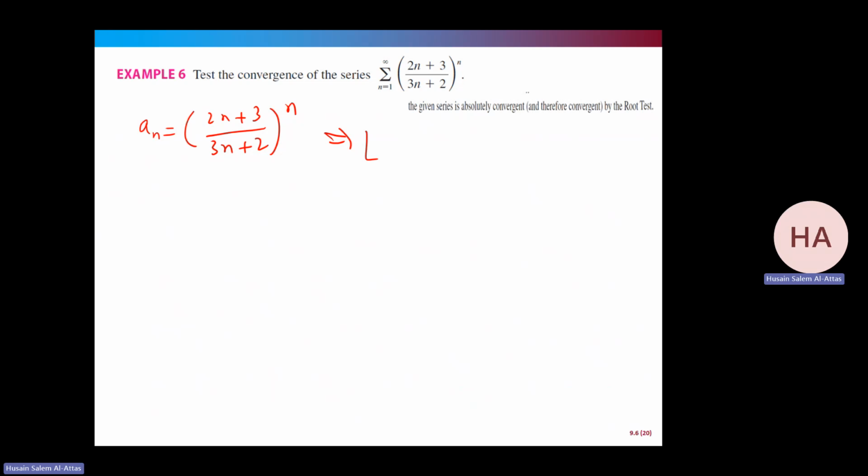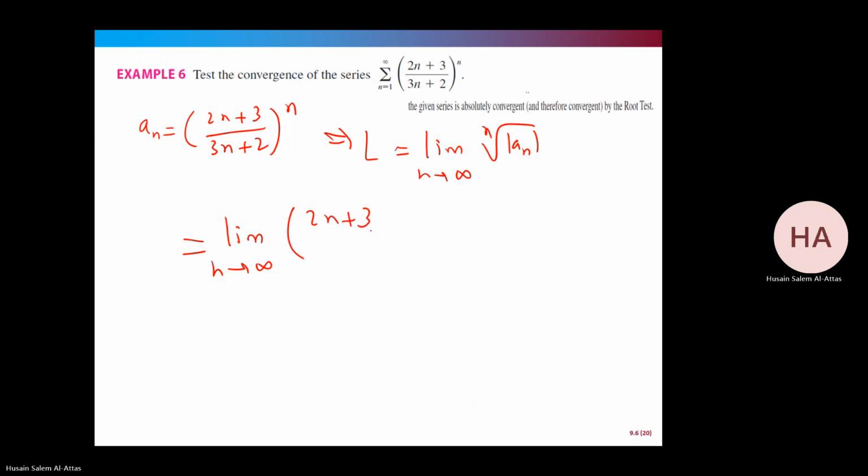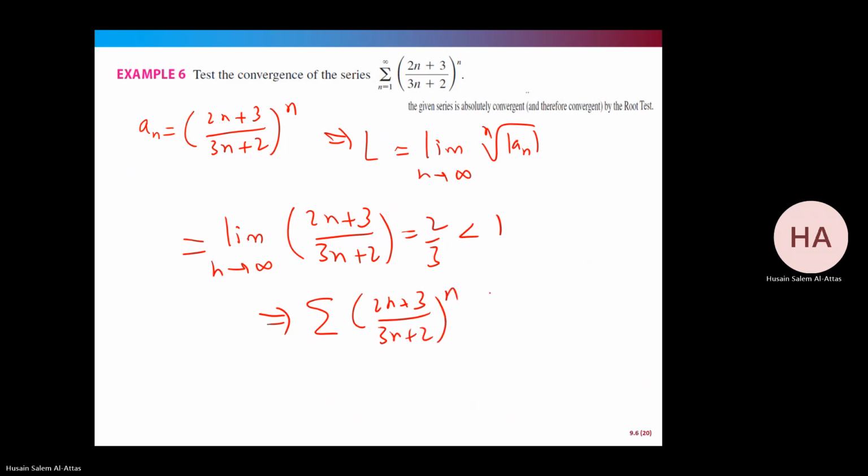I'm using the limit, correct? L will be the limit as n goes to infinity of the nth root of this. So that will be the limit as n goes to infinity. The nth root will go with this power, just 2/3 is done. So this series converges absolutely.